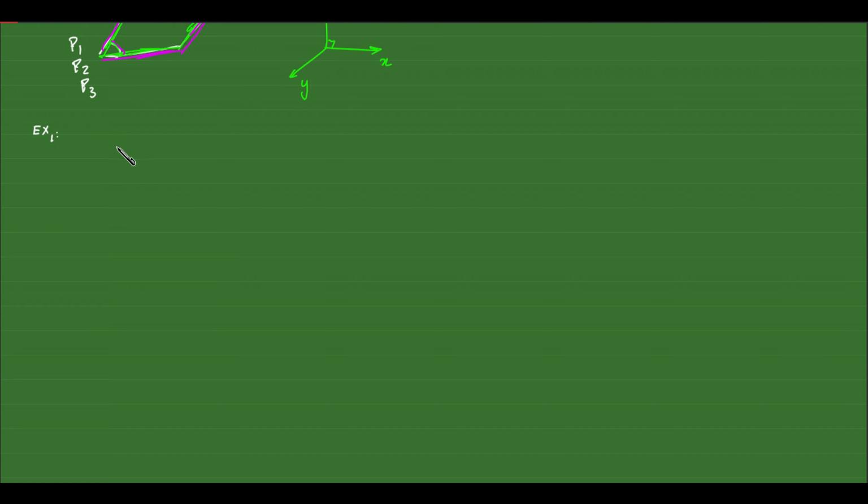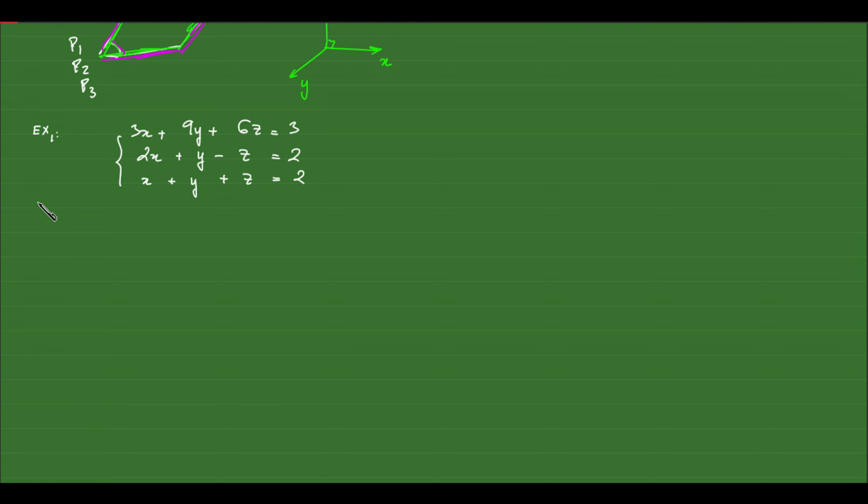I have the system like this, and I want you to solve it: 3x plus 9y plus 6z equals 3, 2x plus y minus z equals 2, and the other one is x plus y plus z equals 2.